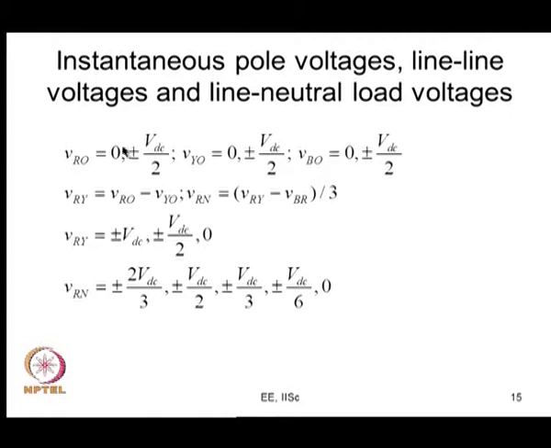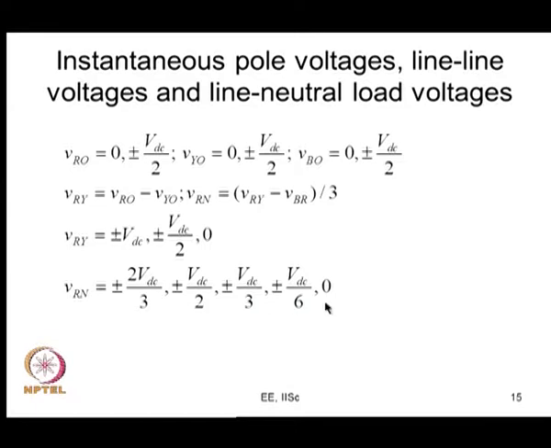So, because of this additional 0, you also have this plus minus VDC by 2 possible for VRY. In the case of 2 level inverter, your possible values of VRY are plus minus VDC and 0. Here it is plus minus VDC by 2 also possible. Then you have VRN. So, what happens is plus or minus 2 VDC by 3 and also plus or minus VDC by 3 and 0.